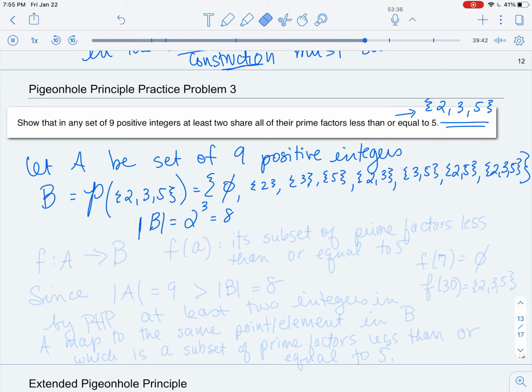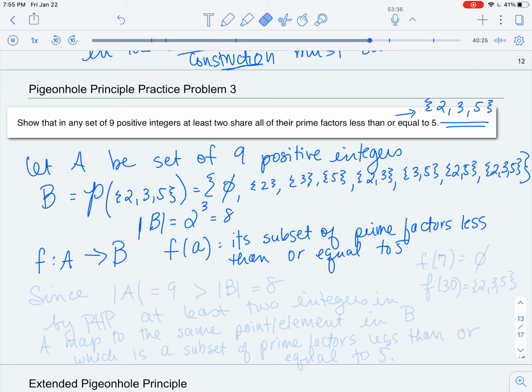So now we've done enough to apply the pigeonhole principle, but we have one element of care. Our function going from A to B will take an integer in the set A and map it to its subset of prime factors less than or equal to 5.